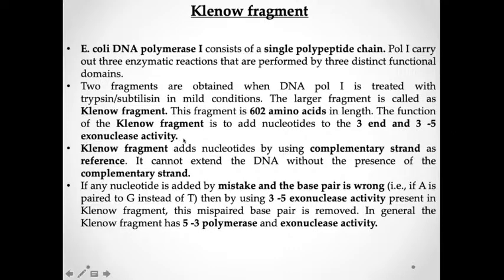Klenow fragment adds nucleotides by using the complementary strand as a reference, and it cannot extend the DNA without the presence of the complementary strand. But if any nucleotide is added by mistake and the base pair is wrong, then using the 3' to 5' exonuclease activity present in the Klenow fragment, the mispaired nucleotide is removed.